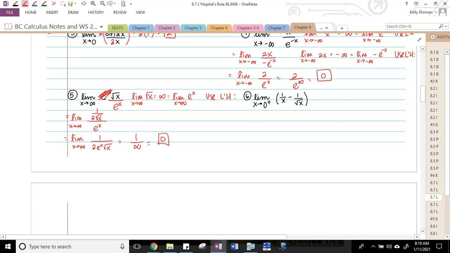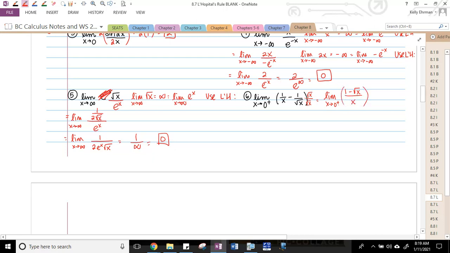Let's just try to make it x. So we could multiply this by radical x over radical x. All right, so we're looking at the limit as x approaches 0 just from the right of, let's see, this stays the same, 1 minus square root x all over x.